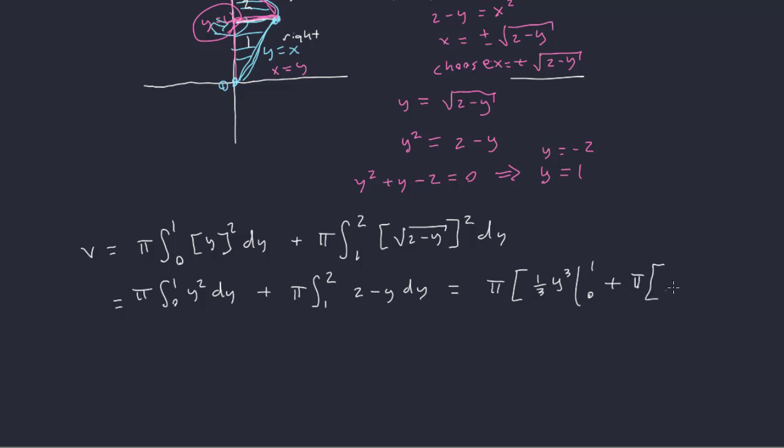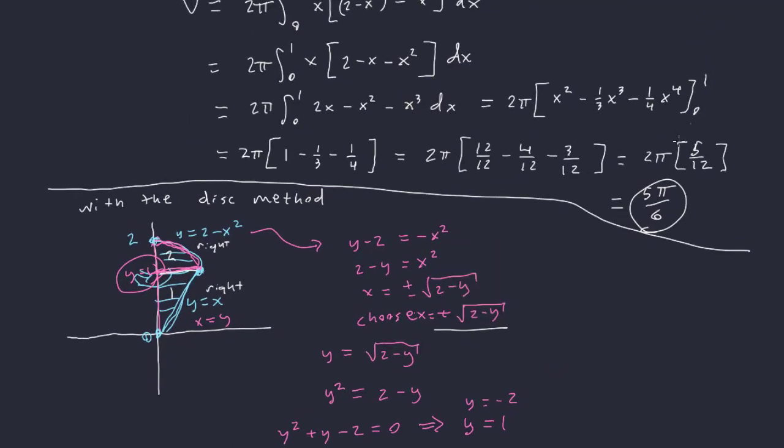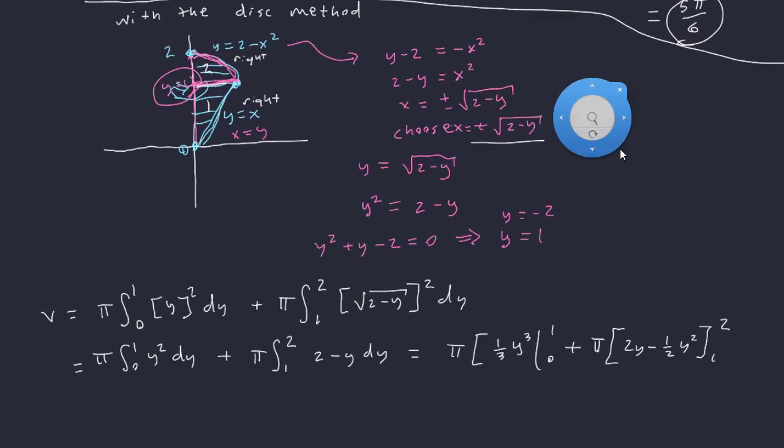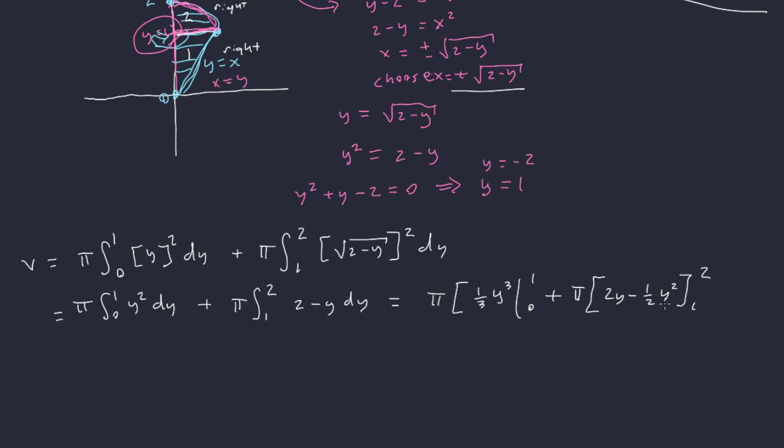And pi times here will be 2y minus 1/2 y squared between 1 and 2. So not only do I have two integrals, versus just the one integral we had up here, but the limits were nicer up there. Here the first limits are fine, 0 to 1, but this one has 1 to 2, so we have trickier limits to deal with.